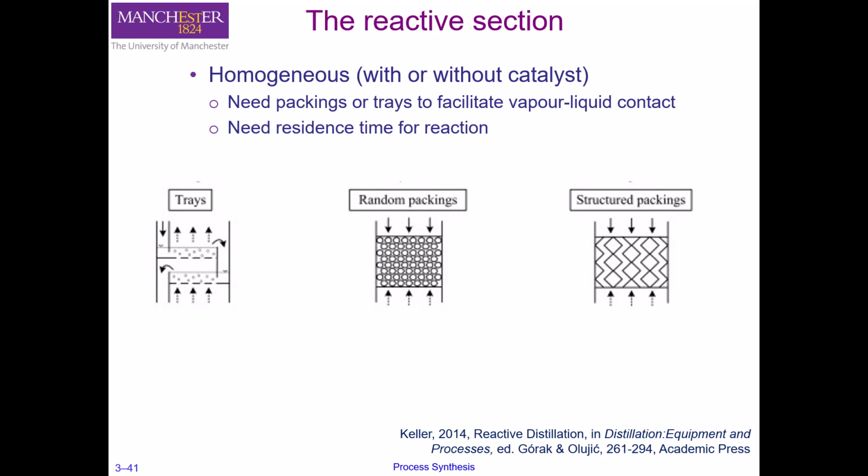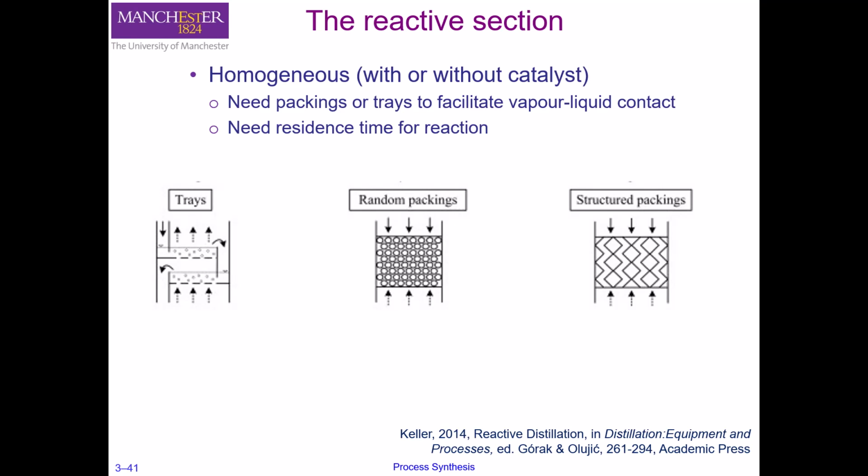The reaction could be taking place in a homogeneous environment, in other words, only fluids are present. We would need some way of enhancing contact between the liquid and the vapor in the column to allow C to move upwards in the vapor phase through that section towards the condenser, and to allow D to flow downwards through the reaction zone towards the reboiler.